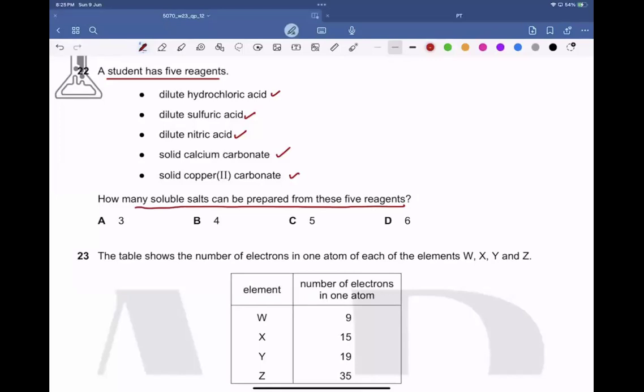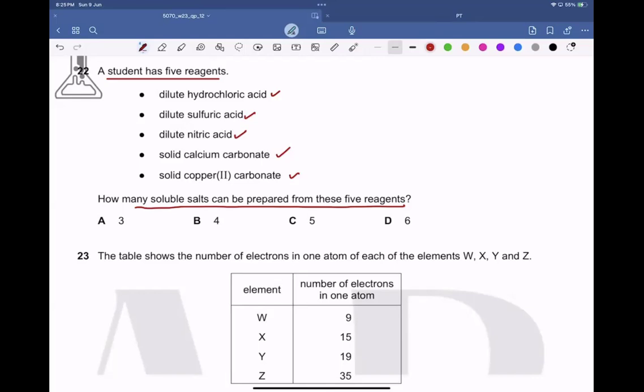There are 5 reagents, right? So each one can form a soluble salt, because hydrochloric acid will form chlorides, which are soluble except a few. Sulfuric acid would form sulfates, which are almost all soluble except a few. Nitric acid: all the salts of nitric acid are soluble.